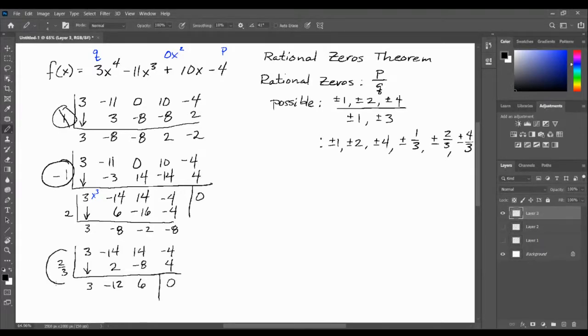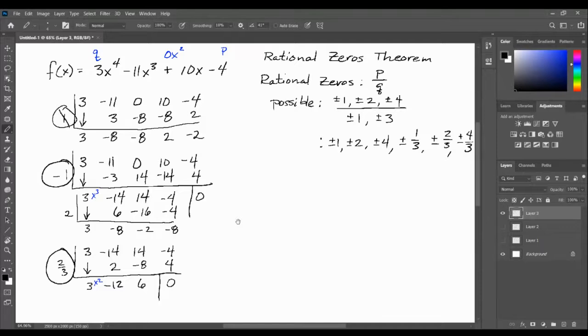So that is another 0. 2/3. So I've got 2 of those, and now I've got a quadratic. Because this was the coefficient of an x cubed, now I've got an x squared. So now I can just go straight to the quadratic formula.